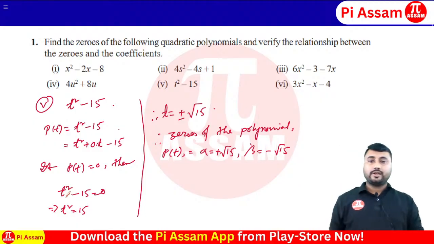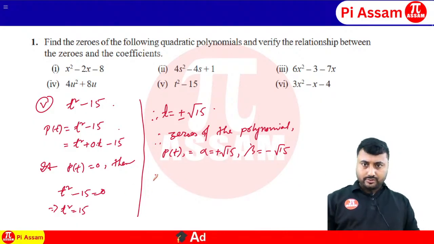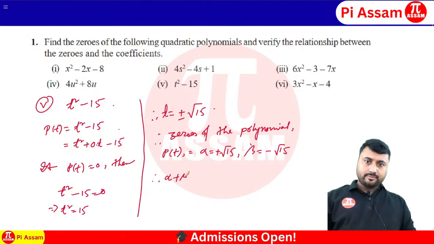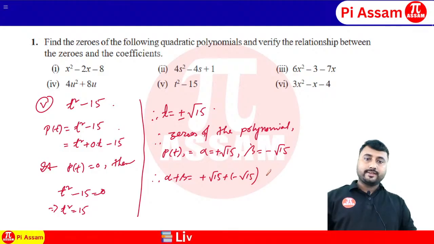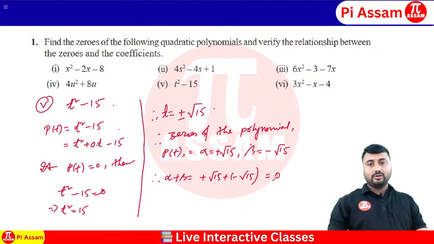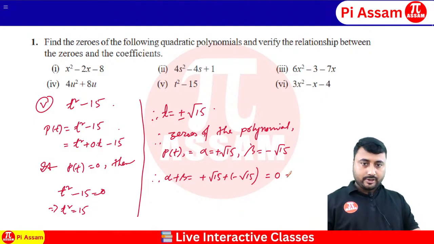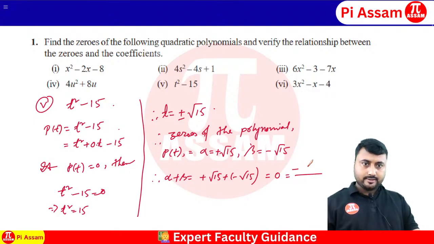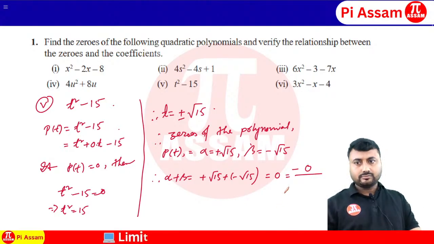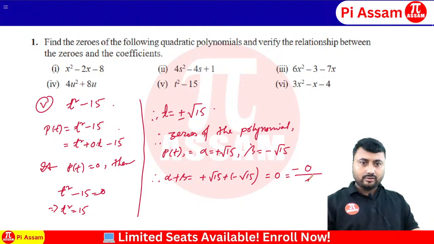So the sum of the zeros, alpha plus beta, is equal to plus root over 15 plus minus root over 15, which is equal to 0. So we can write this as minus 0 by 1.